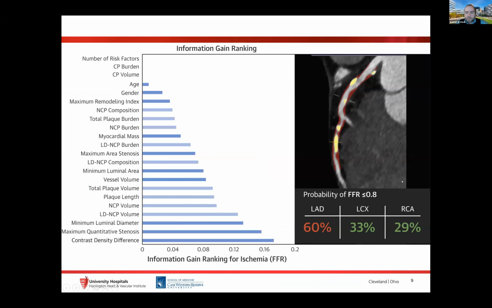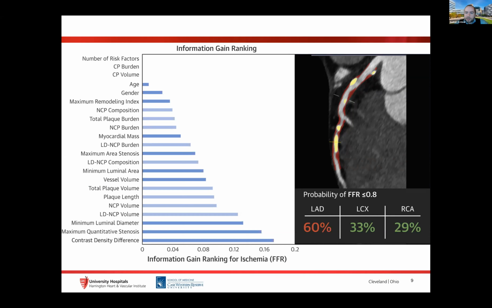This is one example of how we can identify features of plaque on coronary CT to identify a hemodynamically significant lesion, as measured by fractional flow reserve, which is a measure of hemodynamic significance.